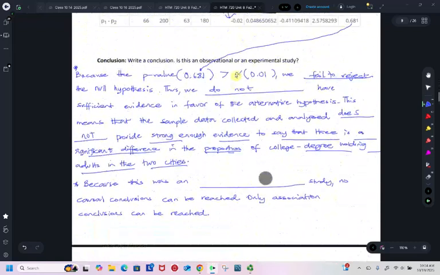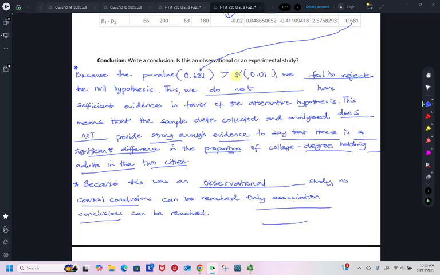Based on what we learned in Unit 1, you cannot reach any causal conclusions. The best we can reach is an association conclusion when we're dealing with observational studies. This is just to bring back the ideas of what we learned in Module 1 into this context.